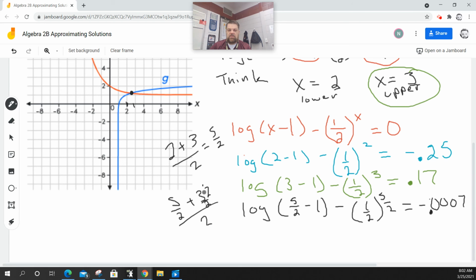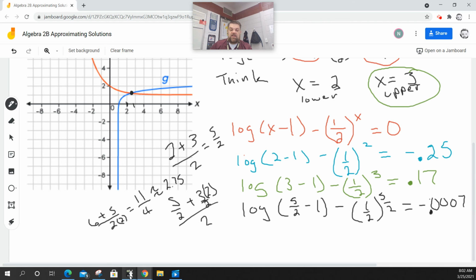If I multiply this by 2, I get 6 plus 5 over 2, and then I'm going to take 1/2 of that. So I'm going to multiply that by 2. So I get 11/4. Okay.